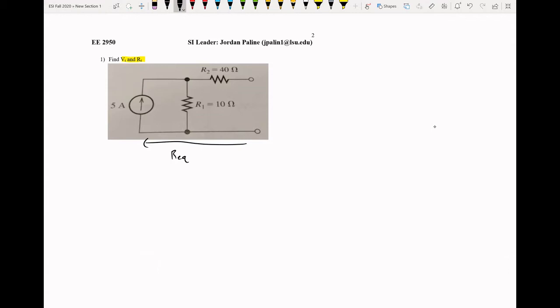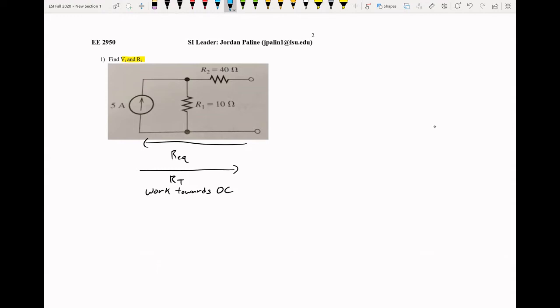But in R Thevenin, we're going to work towards OC. So open circuit, open terminals.